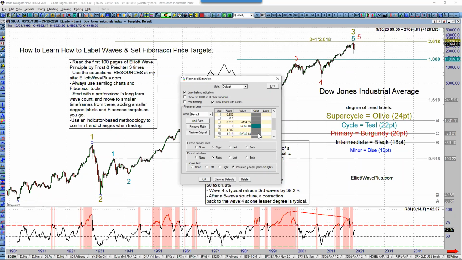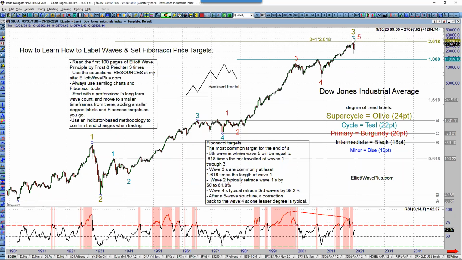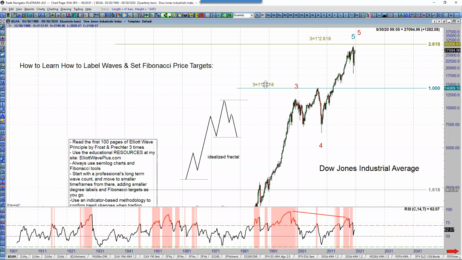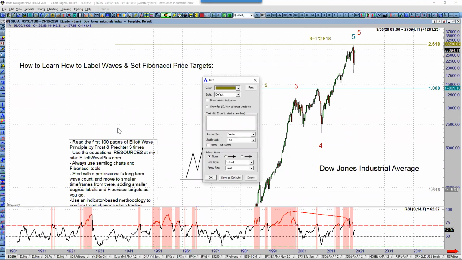And I'm going to put one more enormously higher target on there just for grins. And so what we have now is a target here, back down a ways, where the teal wave 5 would equal the net travel of 1 through 3.